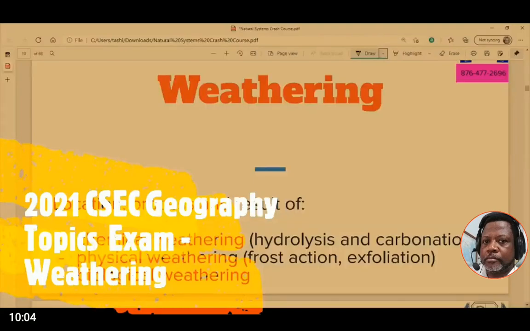Usually as teachers, we teach oxidation as well, but the syllabus specifically asks for hydrolysis and carbonation. Physical weathering, they ask for frost action and exfoliation. Sometimes we teach other things too, but the syllabus specifically asks for these two. And then biological, we just teach biological itself. Okay?